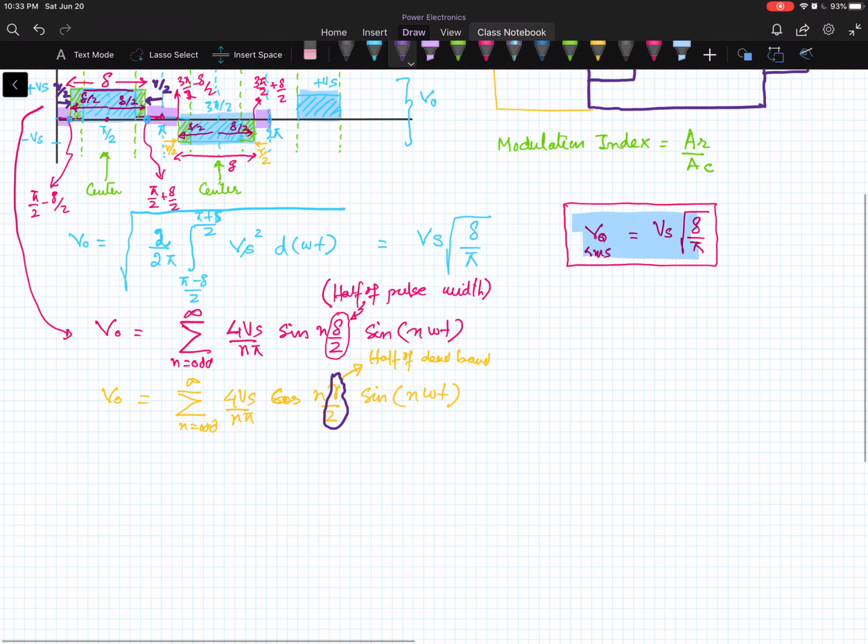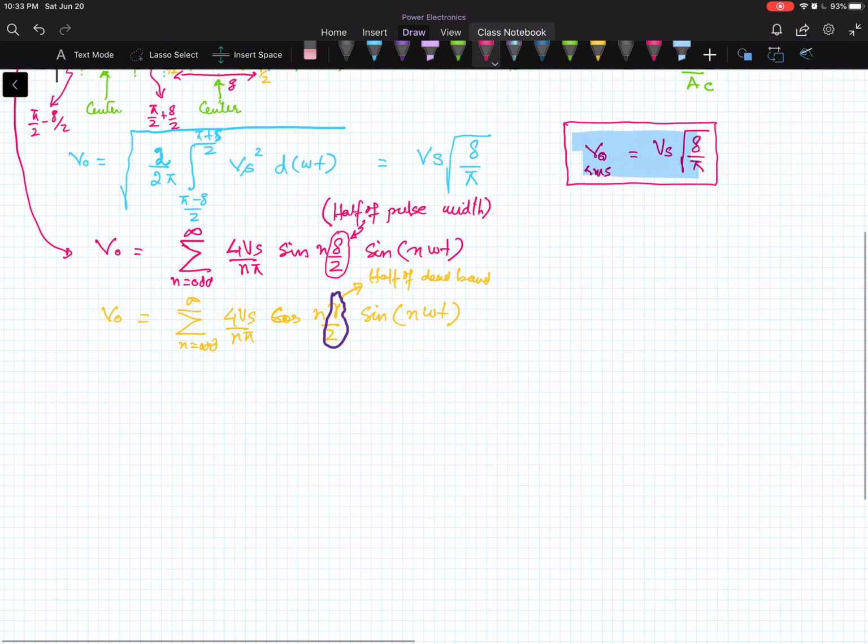Okay, now looking at this expression, you can see that we can cancel a certain set of harmonics. Let's write down that one again. V naught is equal to this expression, sine n del by 2 into sine of n omega t.